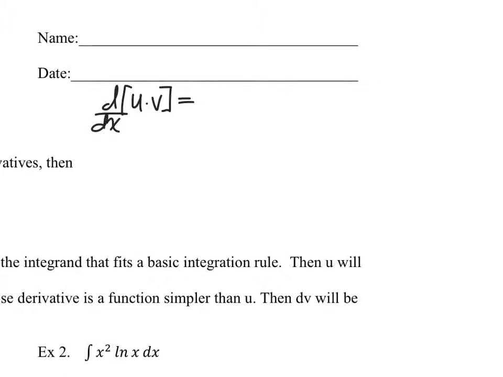It's important. It's got to be with respect to something, right? You'd have the first function multiplied by the derivative of the second function plus the second function times the derivative of the first function.